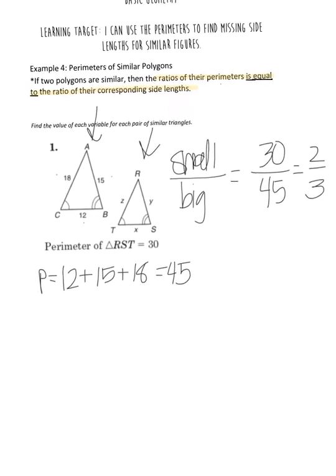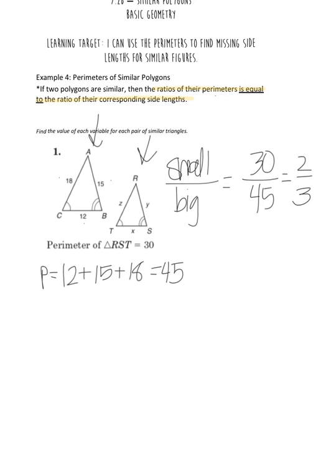What we're going to do every time is compare the ratio of the perimeters, 2/3, to the side lengths we want to find. Let's say we want to find x first. x corresponds with 12 on the other triangle, so I'm going to be comparing those two sides.